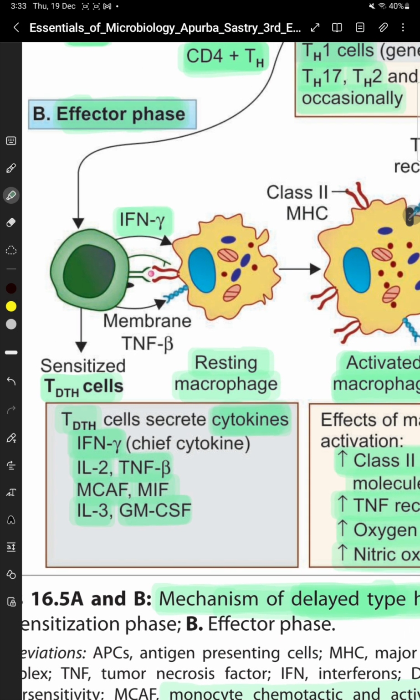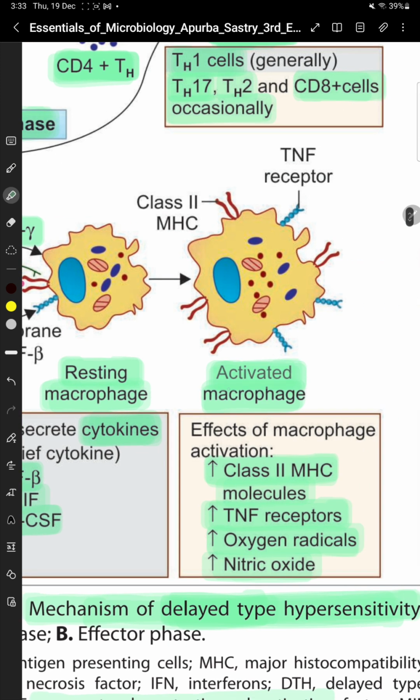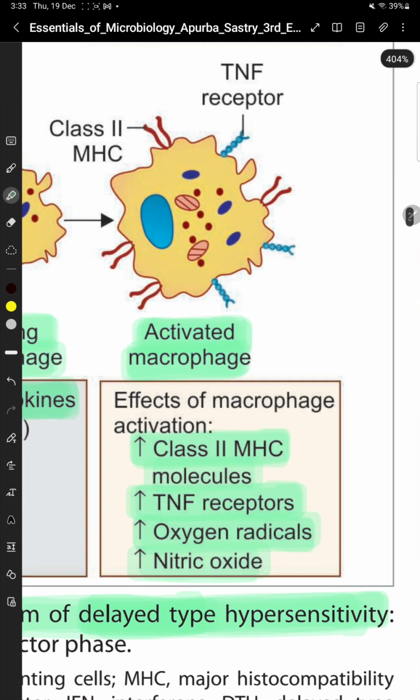This interferon gamma will convert the resting macrophage into activated macrophage. The activated macrophage will increase class 2 MHC molecules, increase TNF receptors, and also increase free radicals, oxygen radicals and nitric oxide.